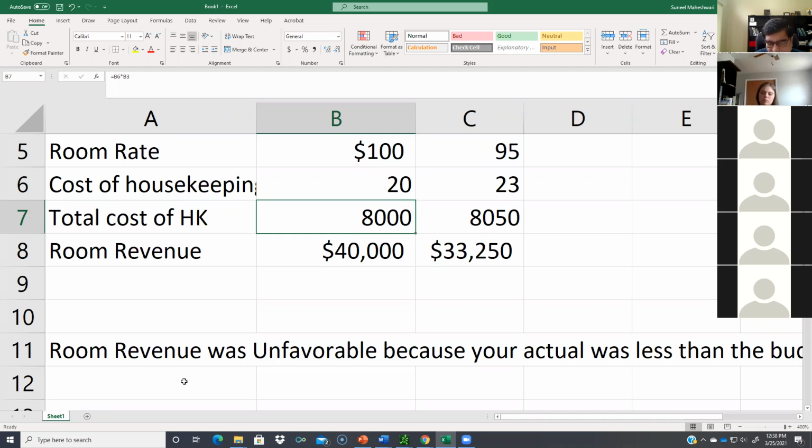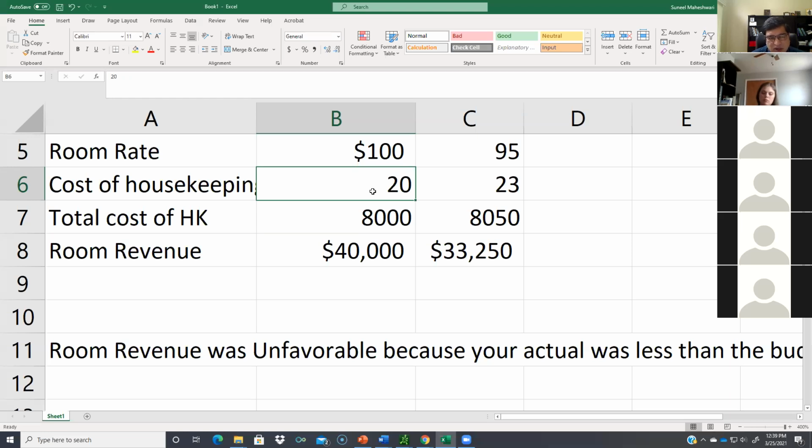The projected would be favorable compared to the actual. Why is the projected cost favorable than actual? Because it's less. So that is what we said that it should be, right?